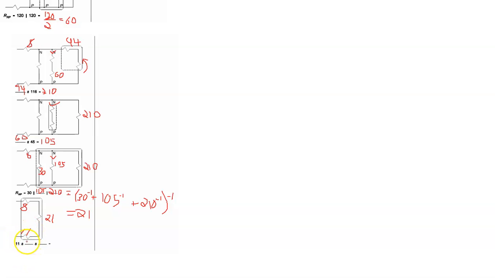So RT now is 11 in series with 21 in series with 8, and the linear sum of those gives us 40 ohms, and that is RT, which was the answer to part A. So now, any questions or comments on that so far?